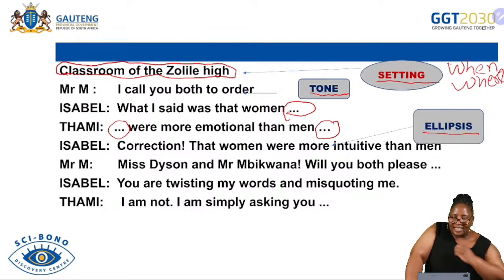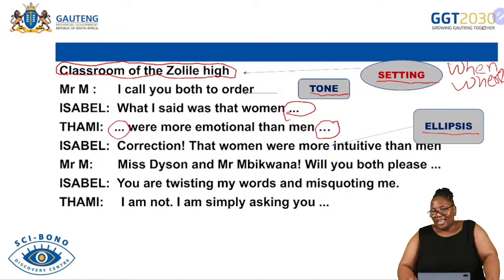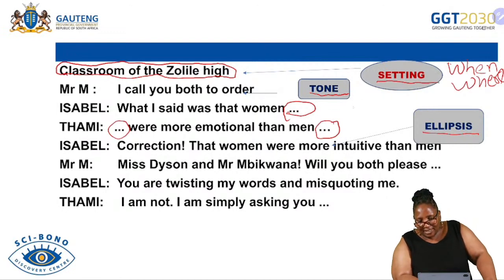What is the significance of the ellipses here? Tammy cut or interrupted Isabel when she was busy talking. So there's the use of the ellipses there.